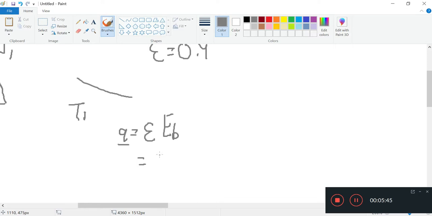So, okay, let's try this. 0.9 EB is what the emission will be. Of course, now you have to incorporate this little bugger called reflection as well. So for an opaque surface, you'll just use the 1 minus epsilon times HR.